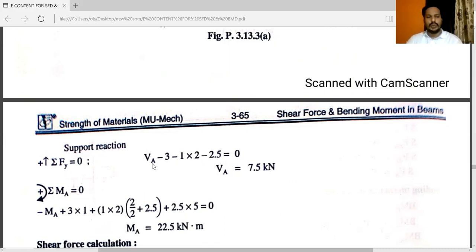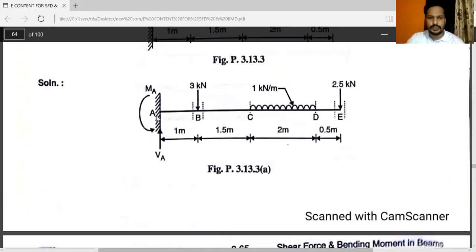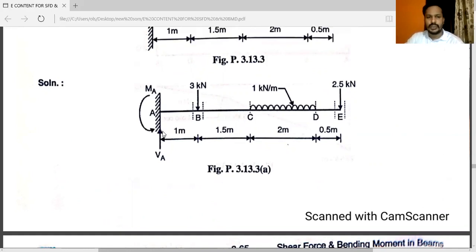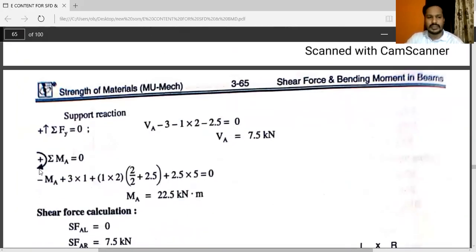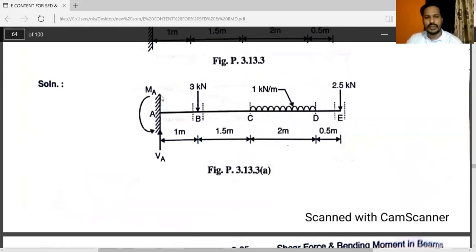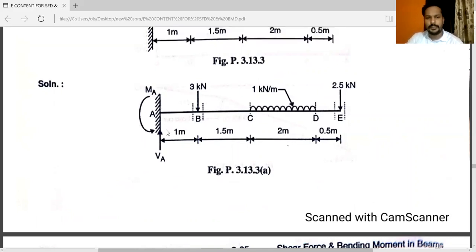There is only one unknown, so you will get the value 7.5 kilonewton. Now another case, summation of moment at point A is equal to 0. Here MA, we assume it is anticlockwise. We are taking clockwise as positive. So you can see here, minus MA.